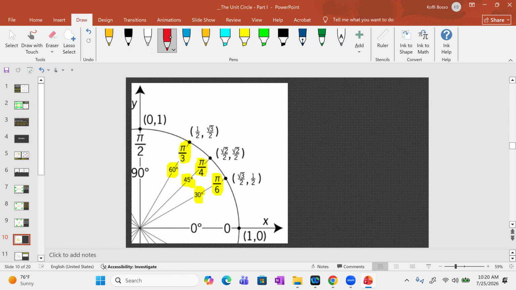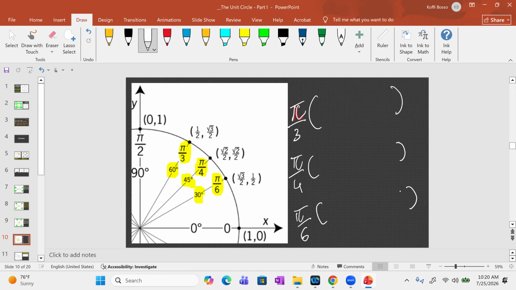So let's write it here. We have pi over 3, make a parenthesis. We have a pi over 4. Follow me. We have a pi over 6, parenthesis.